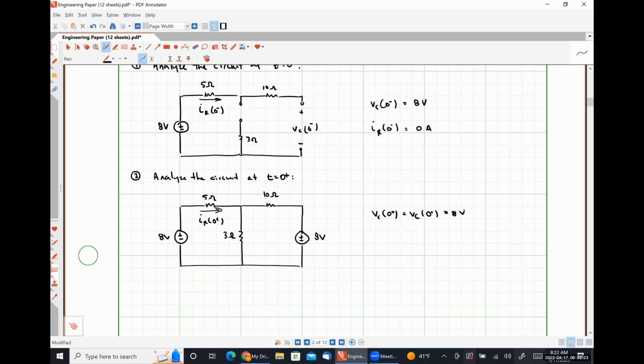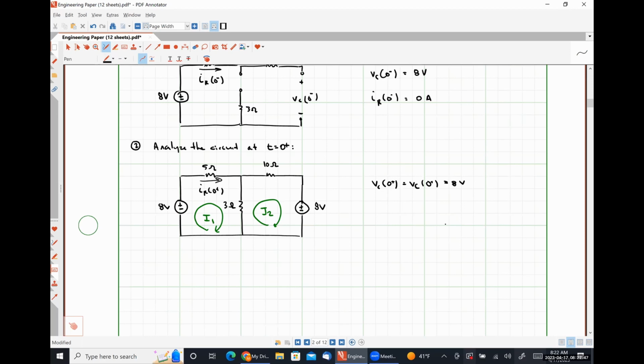Okay. So how are we going to solve for IR at 0 plus? Mesh. Okay. I'm going to call this I1, this I2.